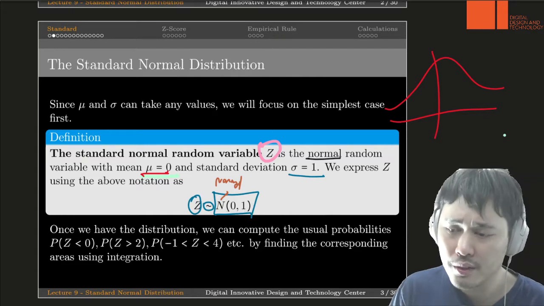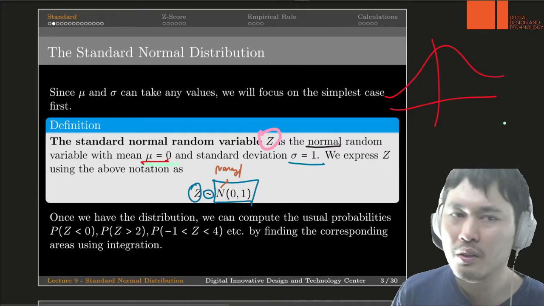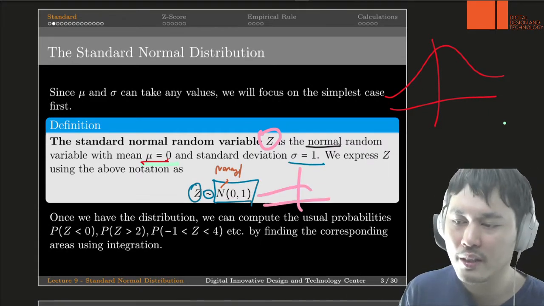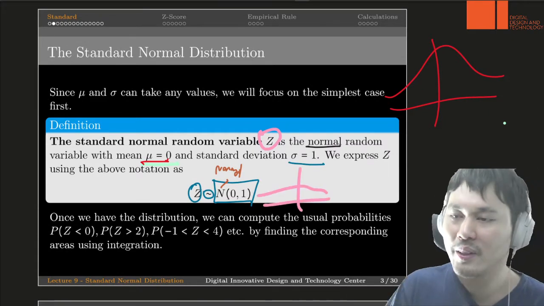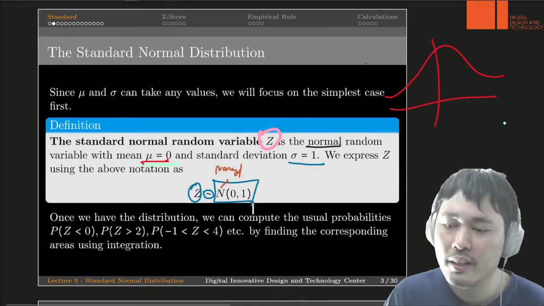So if z is distributed as N(0, 1), then what you have is that nice curve, and whatever we are going to do with that curve will be discussed later.